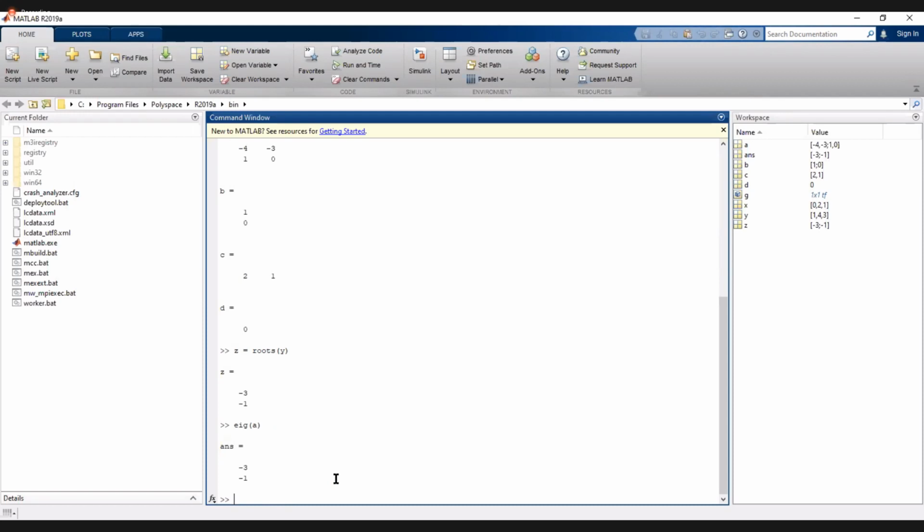All right, so the roots of the characteristic equation and the eigenvalues of the matrix. And then you can look at that and comment on the stability of the system and so forth and so on. So you can determine the stability.